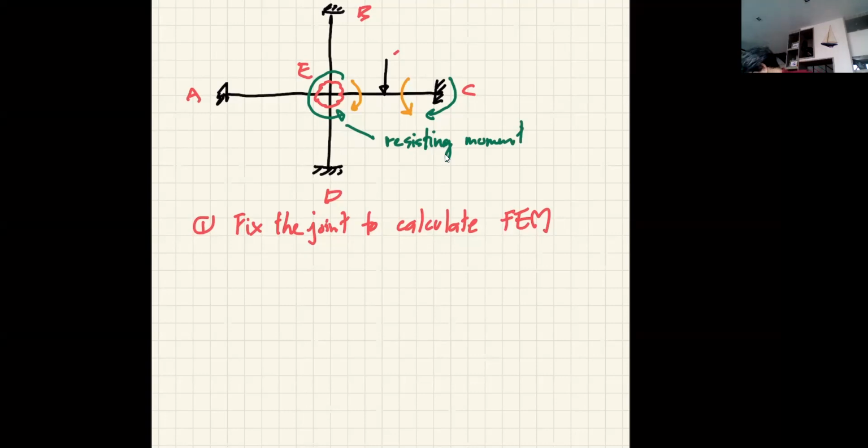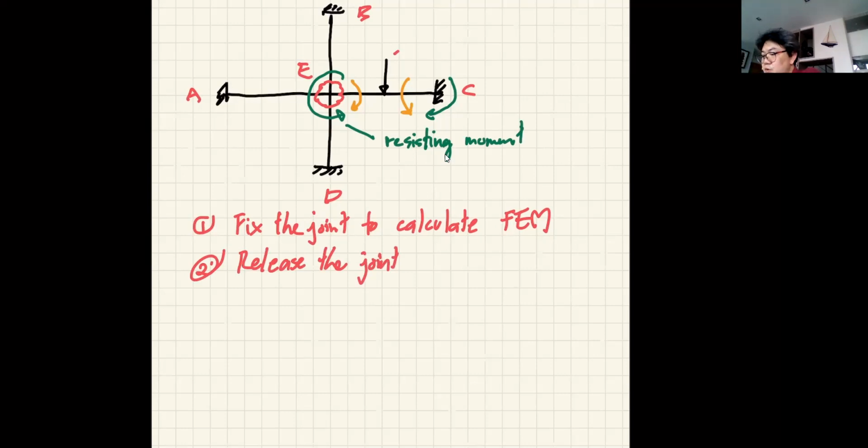So in step number 2, let's say I'm trying to be more colorful, I hope it helps. I am going to release the joint back to its original position, so to speak.